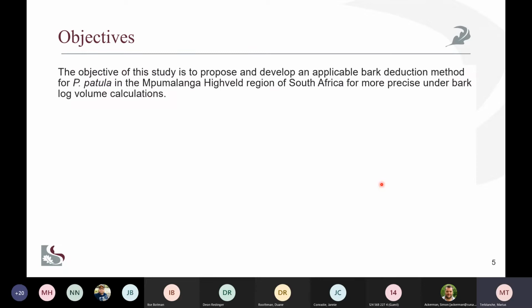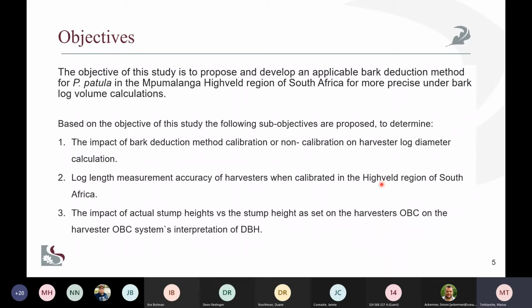So the objectives of this study were to propose and develop an applicable bark deduction method for Pinus patula in the Mpumalanga Highveld to get more precise underbark log volume calculations.